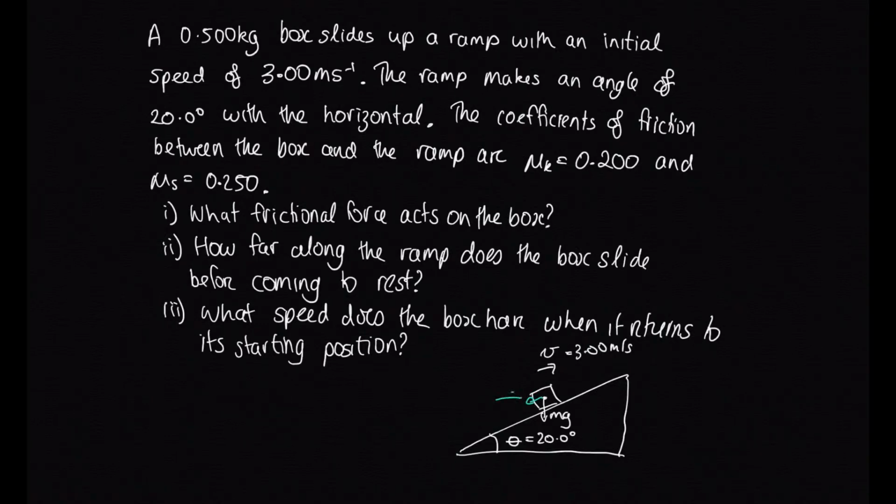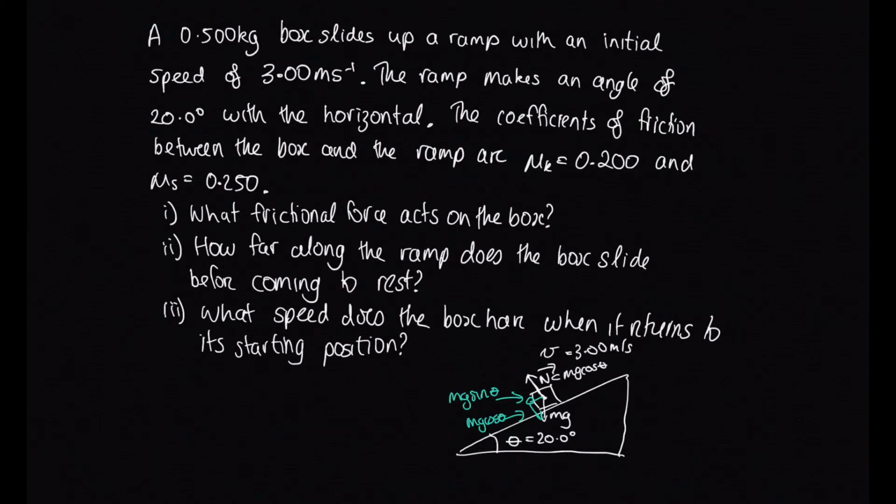We have mg sine theta pulling it down the slope, and mg cos theta pushing it into the slope. So we've also got our normal force, which is going to be the same size as this mg cos theta force. So N is equal to mg cos theta.